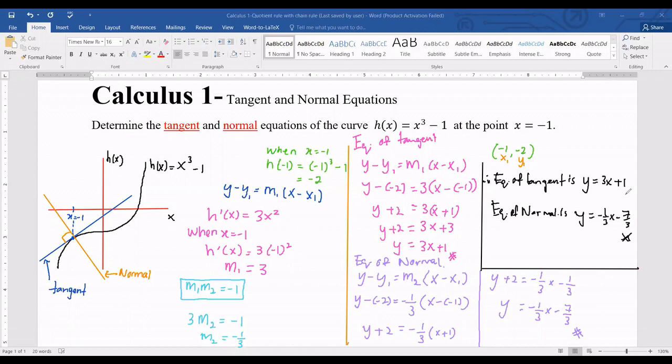So you can give that final answer here. All right, so this is how we determine the tangent and normal equations based on the given curve and the given point.